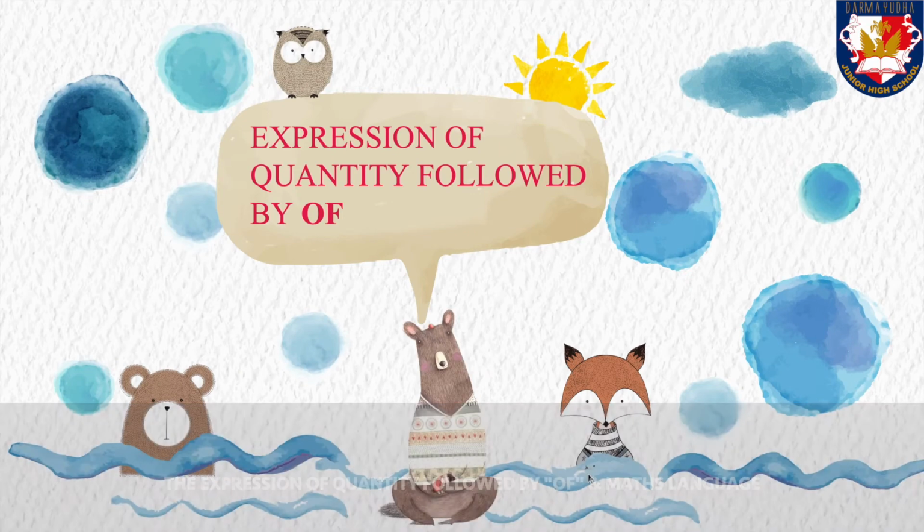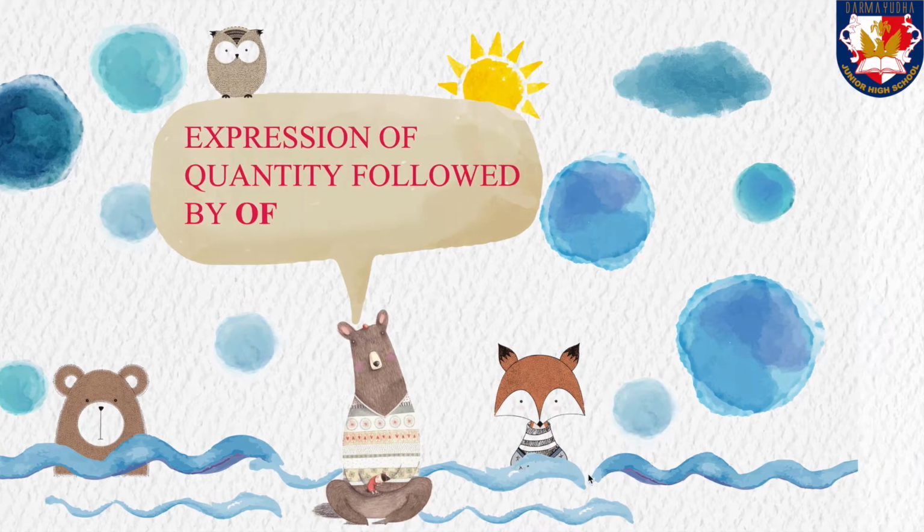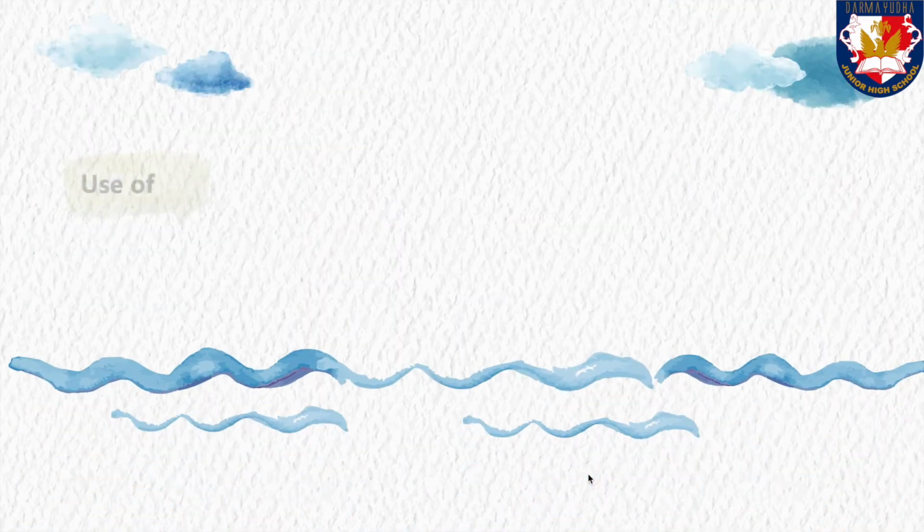Expression of quantity followed by of. In this unit, we are going to talk about the quantity of things which is followed by the preposition of. The first one, when do we use of?